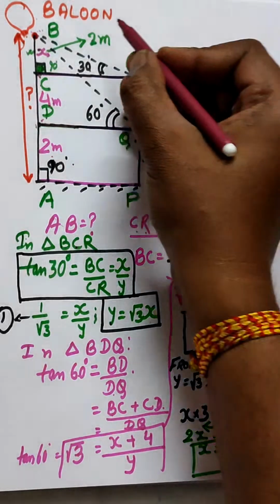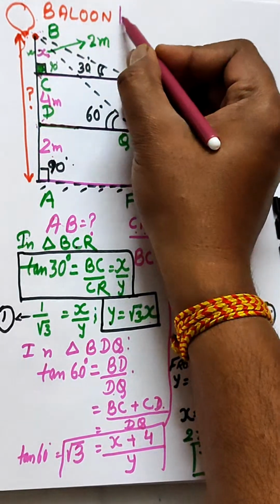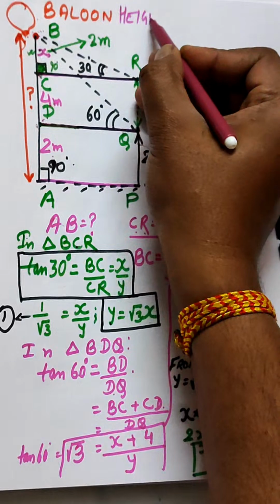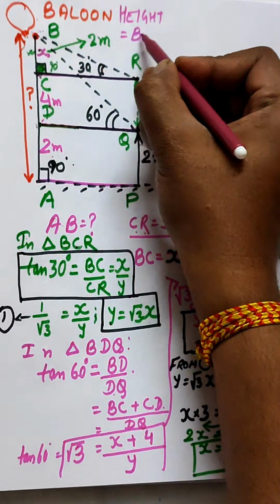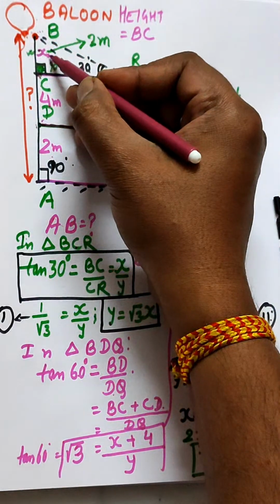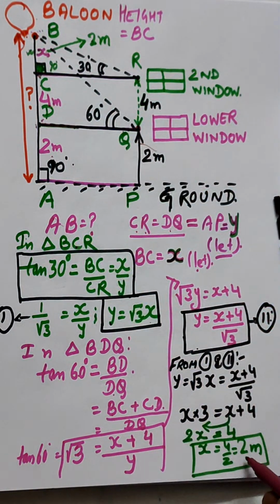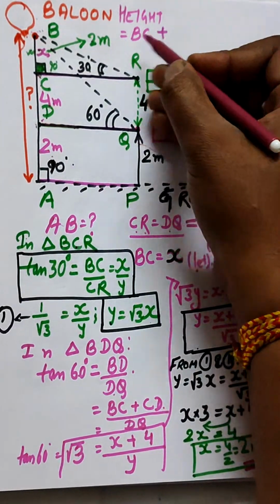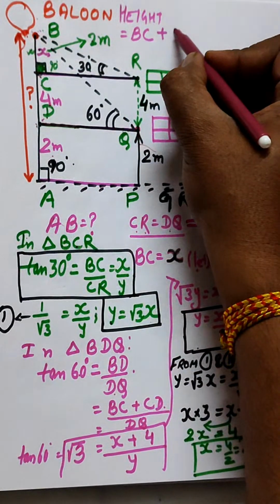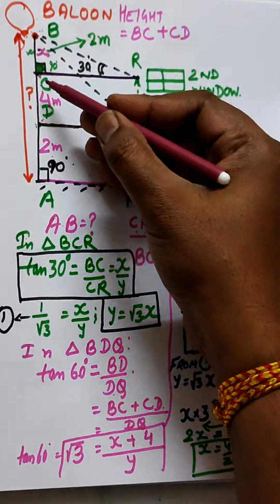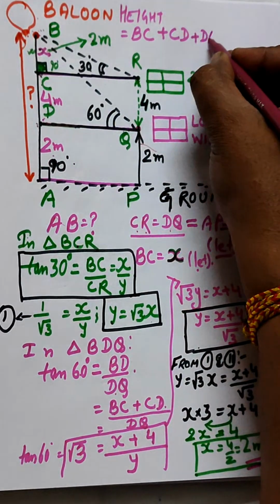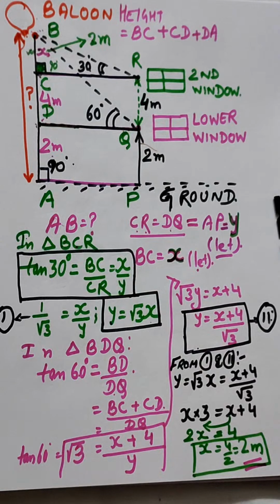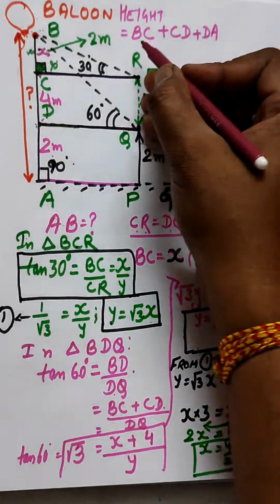So the balloon height will be equal to BC, where we have calculated x as 2 meters here, right? BC plus CD, this one, plus DA, right? And what is the value of BC?